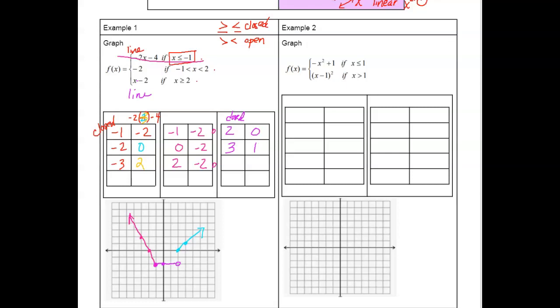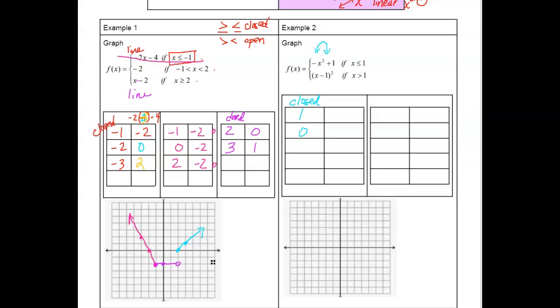Okay, example 2, we just want to practice with parabolas since that's what this course is dealing with. So this one just has 2 restricted domains, so that's why I have 2 graphs. On the left, I want to start with 1, and it is going to be closed. And I want less than 1, so let's pick 0. Since that's going to be a parabola shape, when there's a negative, it will go open down.